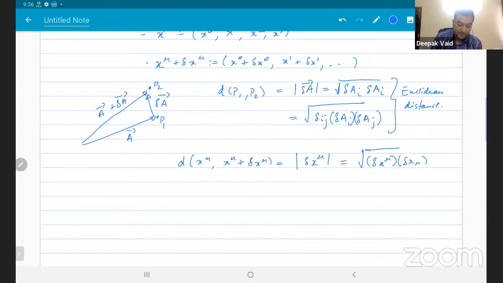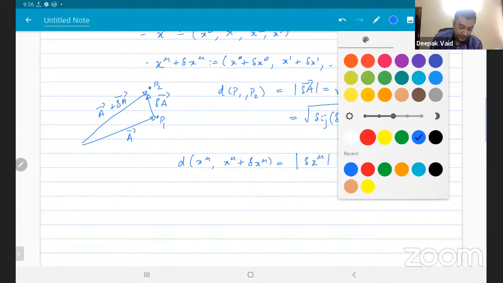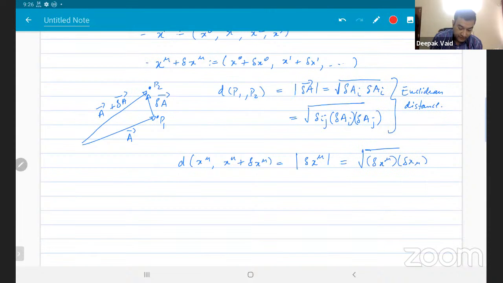Now there is one thing that is happening, which is that in the first expression, I have written an index which is raised, and in the other expression I have written an index which is lowered.